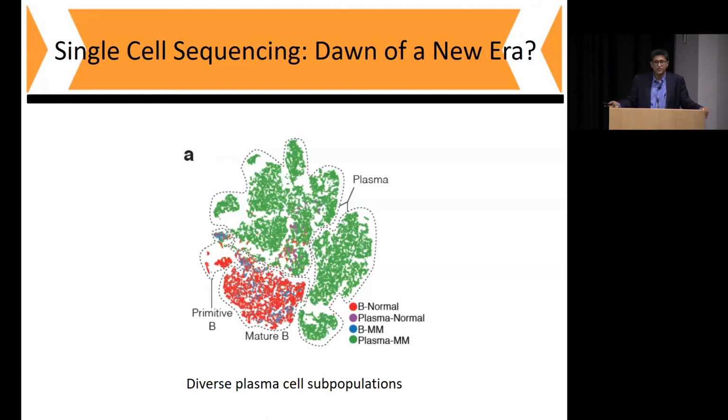And these are often the normal B cells, and there are now populations that have mutations specific to the late stage of the B cell, which tells you that perhaps those are the mutations that may be giving rise to the myeloma. And going after them probably makes more sense.